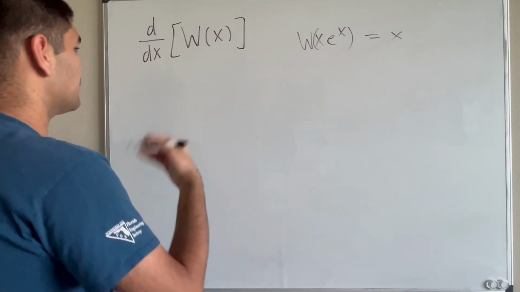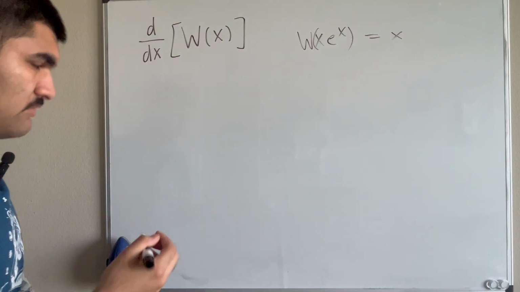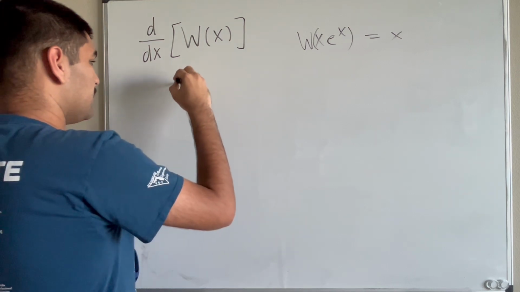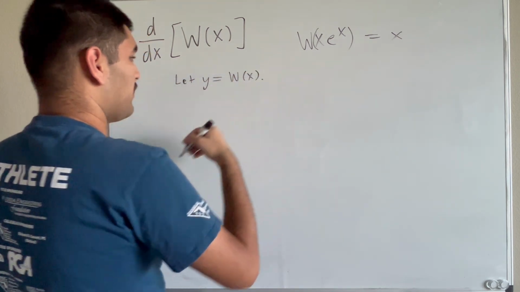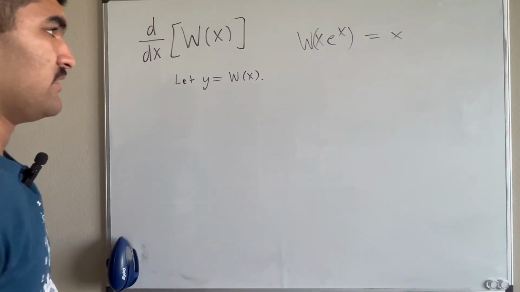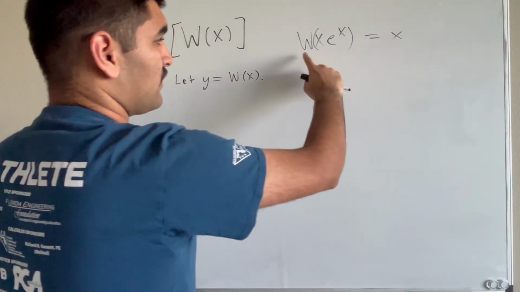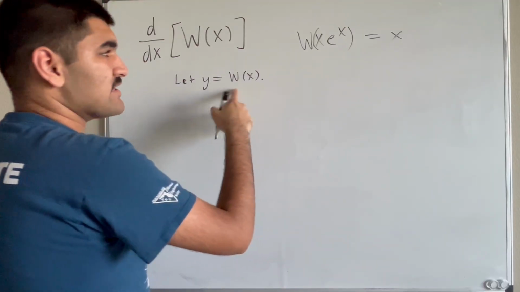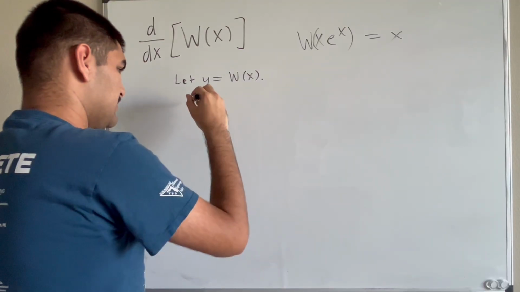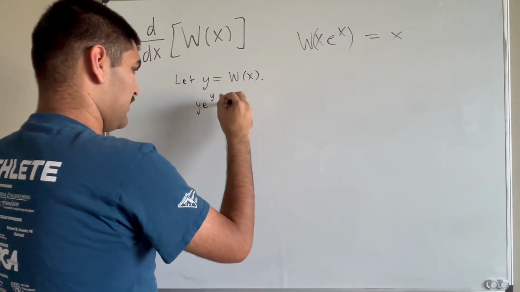Okay, good. So now let's get right into the derivative. We're going to begin by letting y equal W of x, and we're going to differentiate this implicitly. Using this identity, we know that if y is equal to W of x, this means that y e to the y is equal to x.